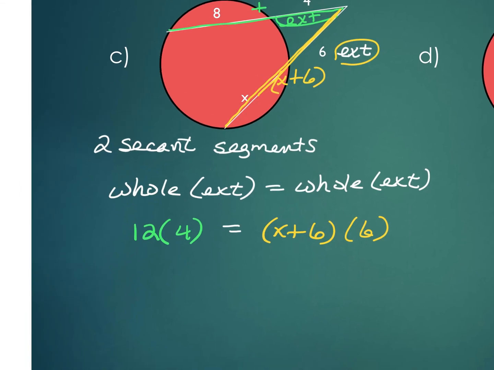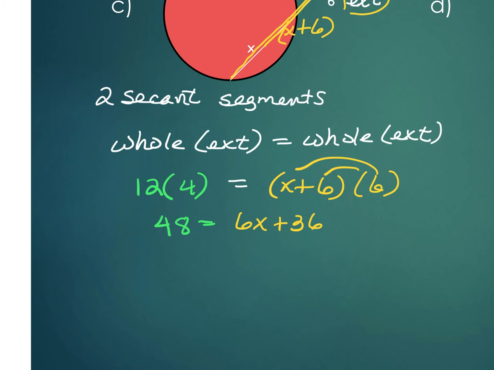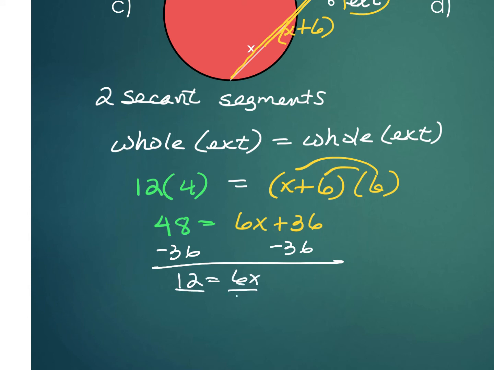So 12 times 4 is 48. I'm going to distribute the 6 to the x and to the 6. Now I can solve for x by subtracting 36 and get 12 is equal to 6x. Divide by 6, and x equals 2.